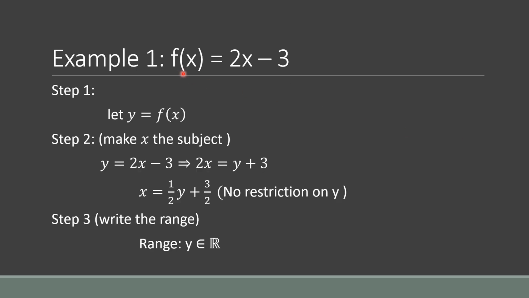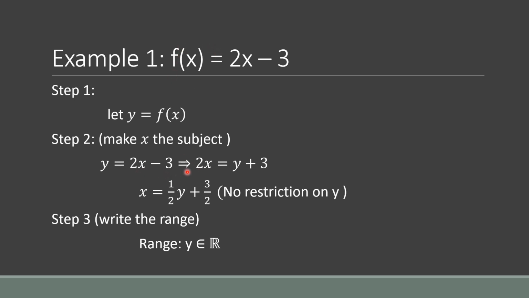Let's look at this particular example. We have example 1 here, which is f of x equal to 2x minus 3. From the steps that we just studied, we have to let y be f of x. So the moment y becomes f of x, we can move to step 2, which is y equal to 2x minus 3, because 2x minus 3 represents f of x.